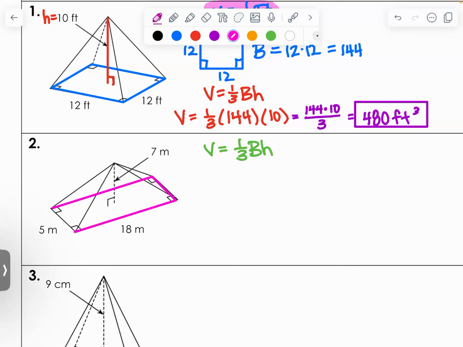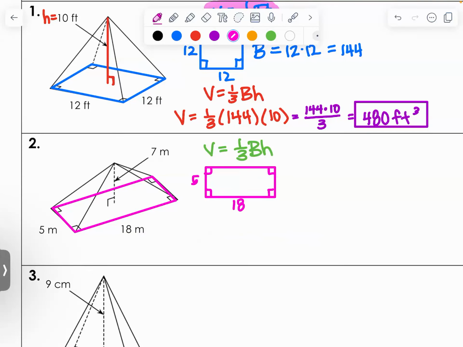Okay, so we're going to trace the base, and then we're going to redraw the base over here. What is our base? What shape is that? Okay, what are the sides of this rectangle that we traced? 18 and 5. Okay, 18 and 5.